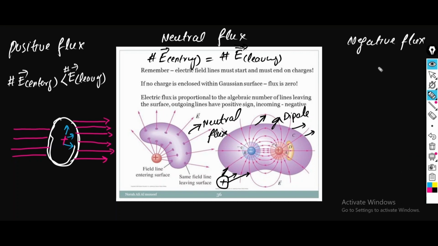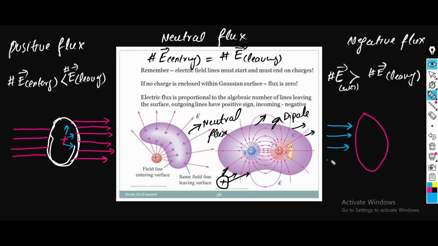Now negative electric flux is defined as when the number of electric field lines entering is greater than the number of electric field lines leaving the Gaussian surface. If I consider a Gaussian surface, the number of electric field lines entering, 1 2 3 4, is greater than the number leaving.